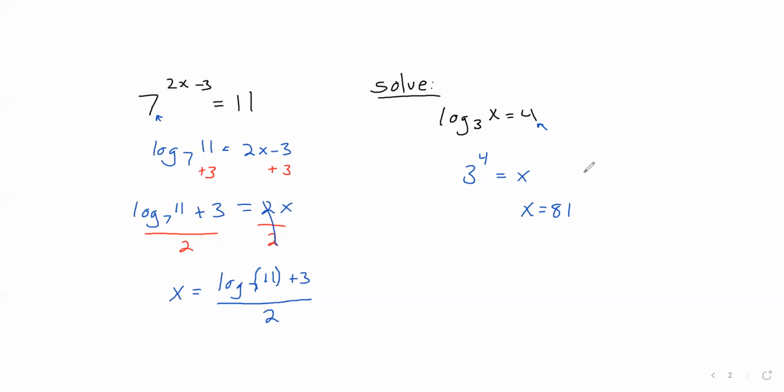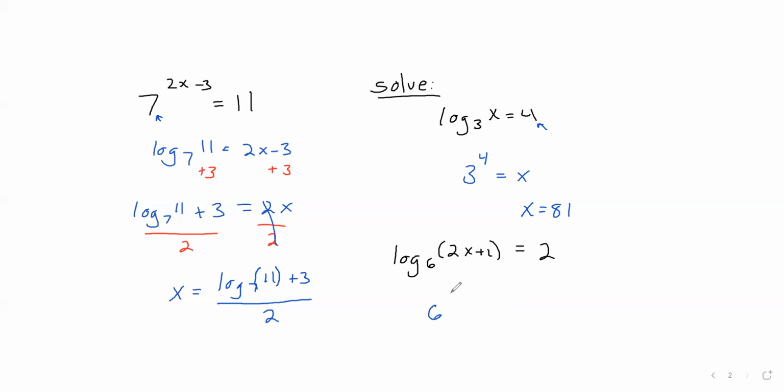Let's try something a little more complex. Let's say, for example, log base 6 of quantity 2x plus 1 equals 2. Once again, my log is by itself on one side. I'm going to go straight to changing to exponential form.